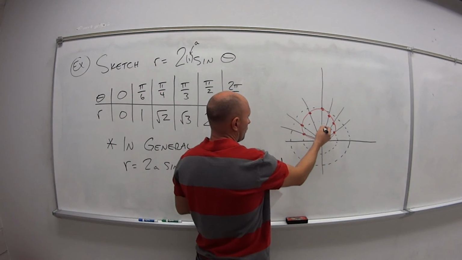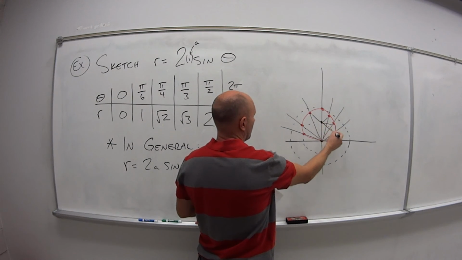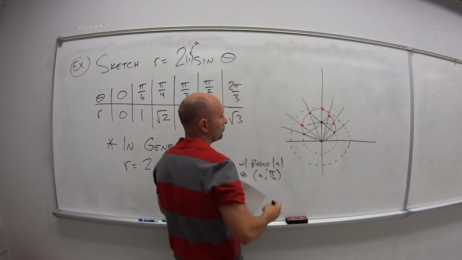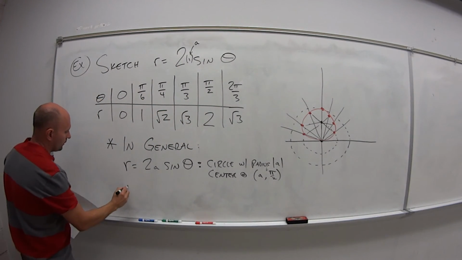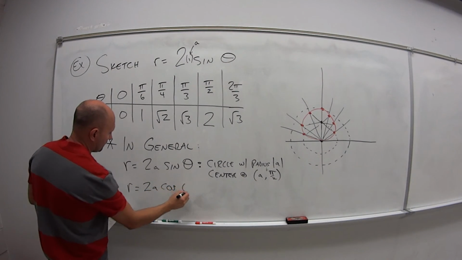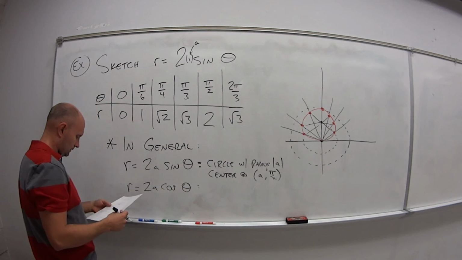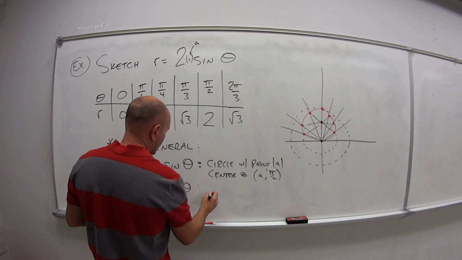So it has radius equal to 1, and it has center at 1, pi over 2. So that's 1 unit away along pi over 2, and so the distance out from all these points has radius of 1. We can also have the equation r is equal to 2a cosine of theta. And this is a circle with radius a, so that's the same.